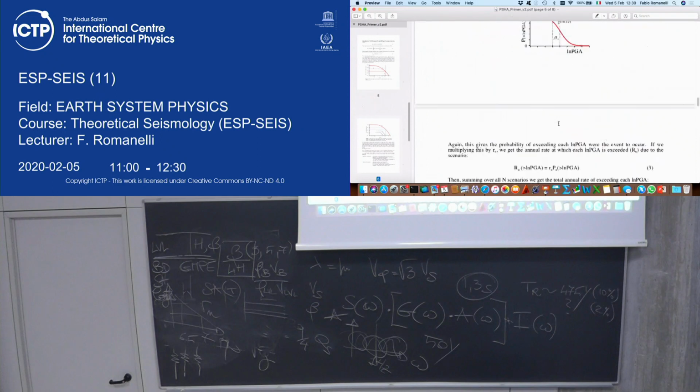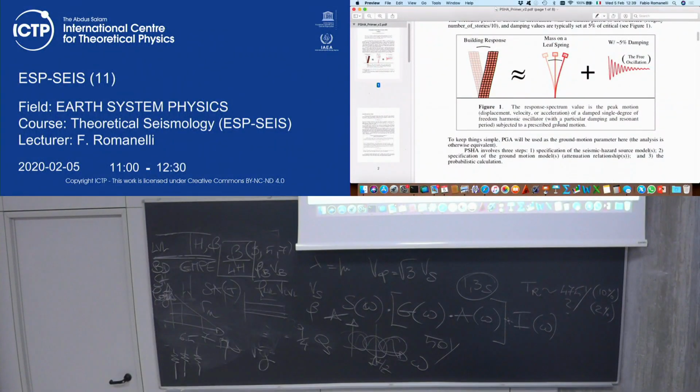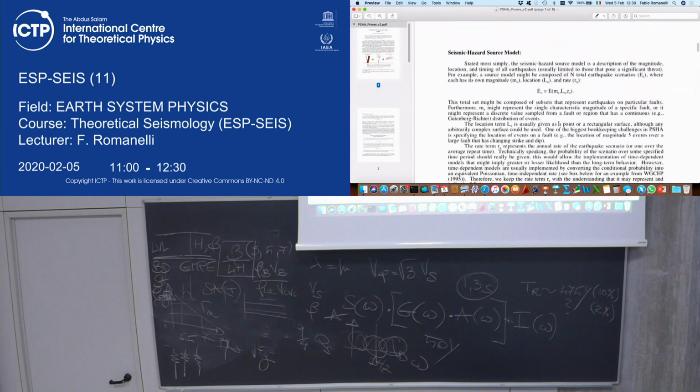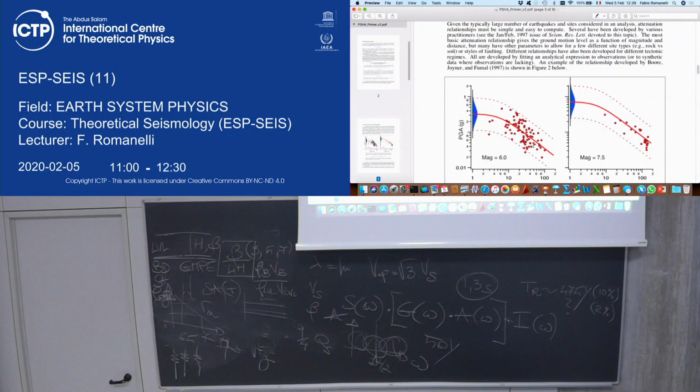First, most of the maps now present SA at different periods, not only PGA. This is no more called attenuation curve, because in many cases it's not attenuating, there are bumps. Now please notice that the distance of Mexico City compared to Michoacan should be read out of the plot, because here it's going only until 200 kilometers. Okay?